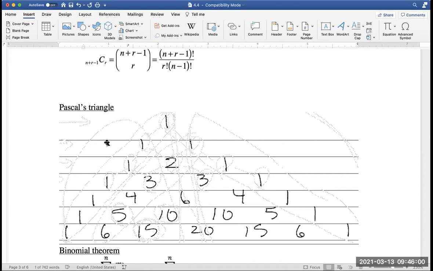This is row 0, row 1, row 2, row 3, row 4, row 5, row 6. So this entry here just counts your rows. Now also note, of course, we didn't show that. This is what we're showing, this one here. Okay, so let's do that.